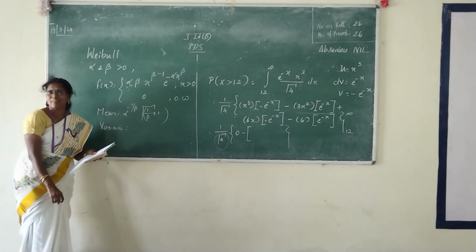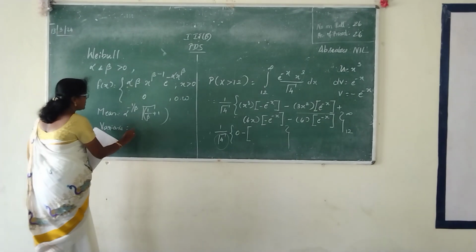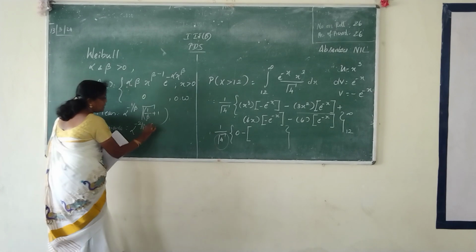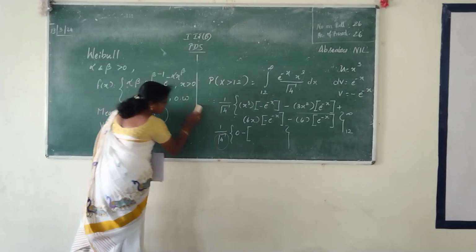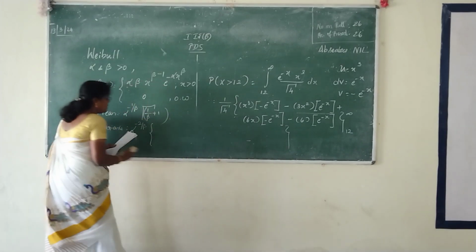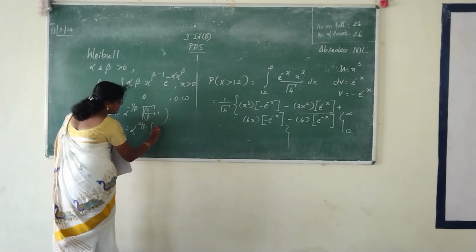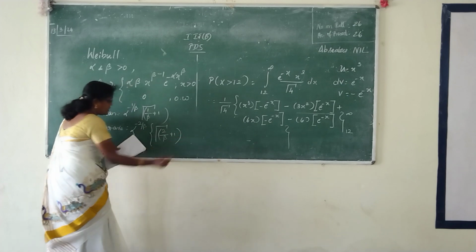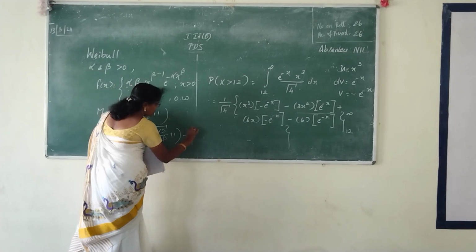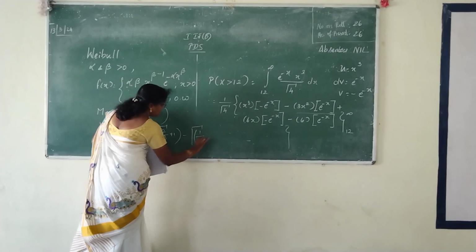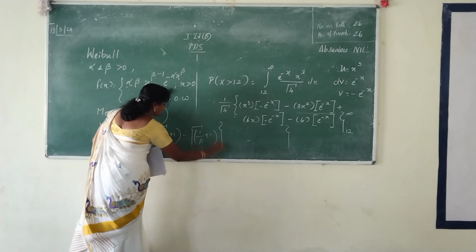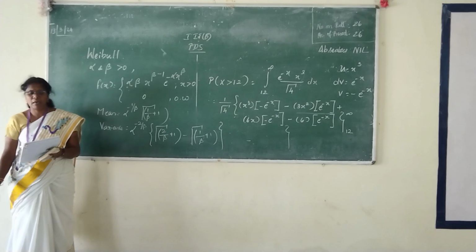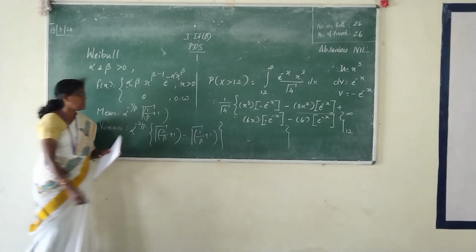So variance is equal to alpha power minus 2 by beta into gamma of 2 by beta plus 1 minus gamma of 1 by beta plus 1 the whole square.